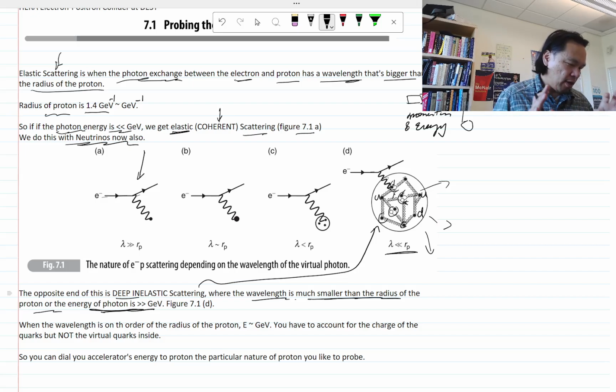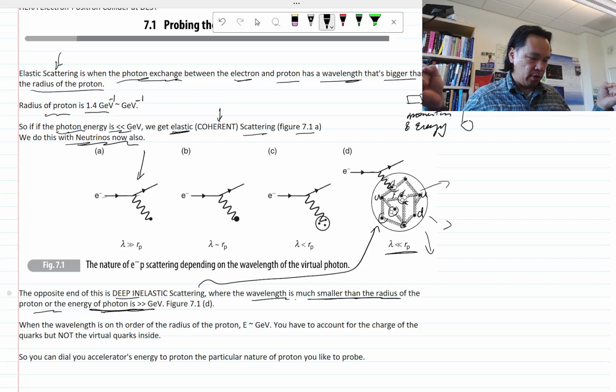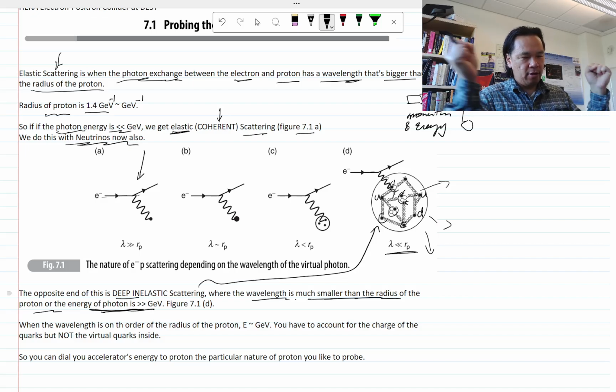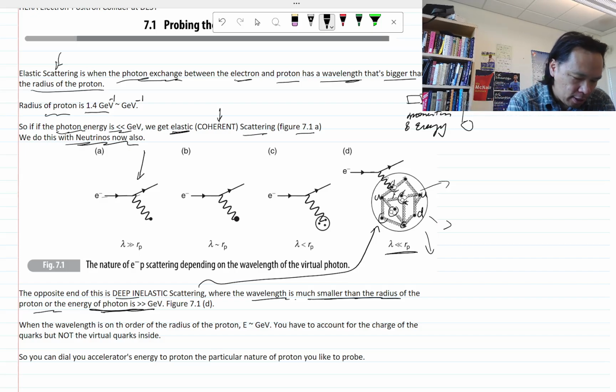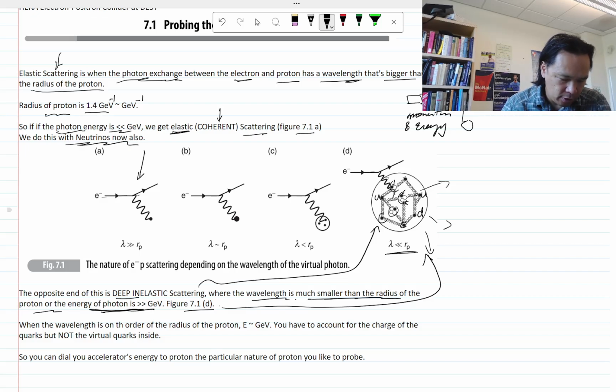But not all of that energy gets converted into the exchange of this photon. So you only get a fraction of it. Because remember, you're throwing one garbage can full of stuff into another garbage can full of stuff. Okay. And that's what figure 7.1D is trying to show you.